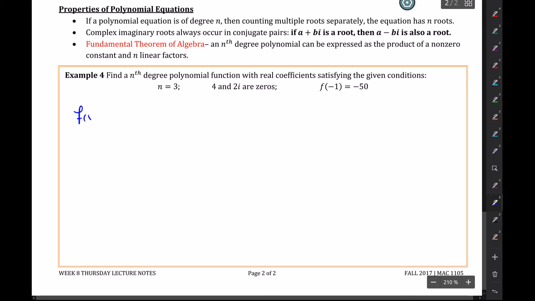F of x is degree 3, so we know it's a sub 3 x to the third plus a2 x squared plus a1 x plus a naught.